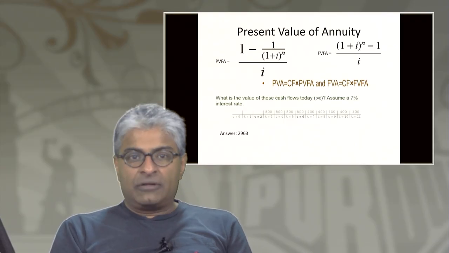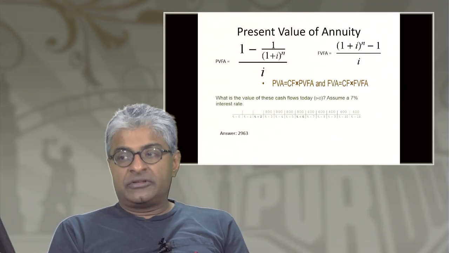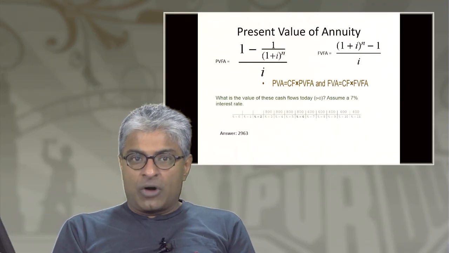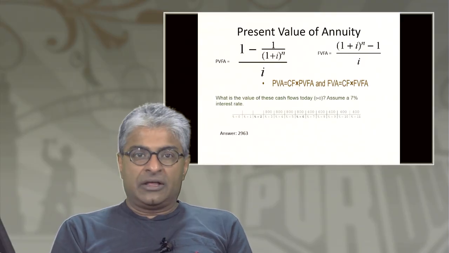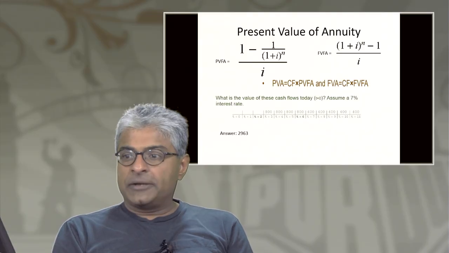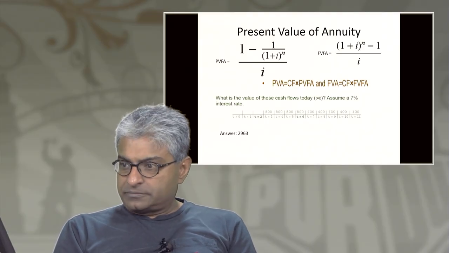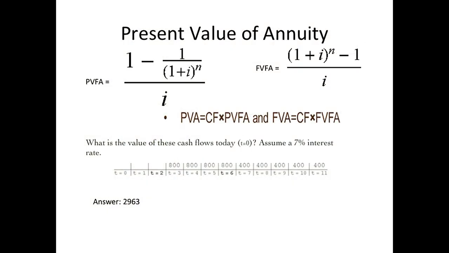If you learn to solve these problems the hard way using the underlying formulas, then you would have no problems switching to a table or a calculator or any other way as the occasion demands, and you'll be absolutely fine. So here's an example that illustrates this. There's a sequence of cash flows occurring, and there are two annuities involved.